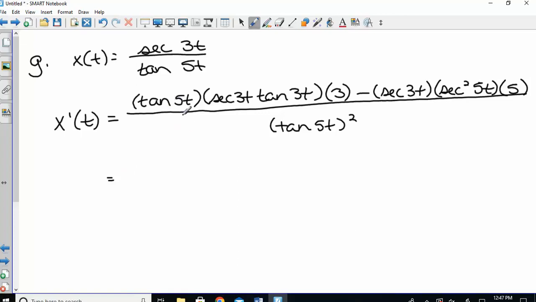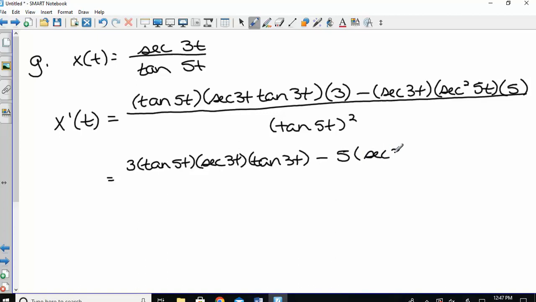As far as simplifying, there's not much to do. You can't combine the tangent 5t and tangent 3t because angles are different. So we really could just pull that 3 to the front. But these other 3 functions just tag along. Minus, we can take the 5 in front.